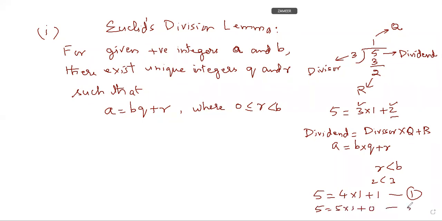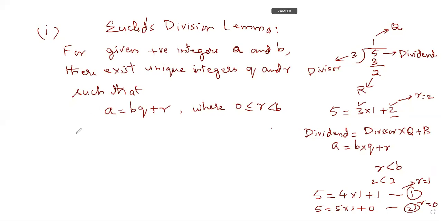So here r is equal to 1, here r is equal to 0, and here r is equal to 2. It's very important. That means we can write it in three ways. For any two numbers we take, we can write r from 0 to less than b.